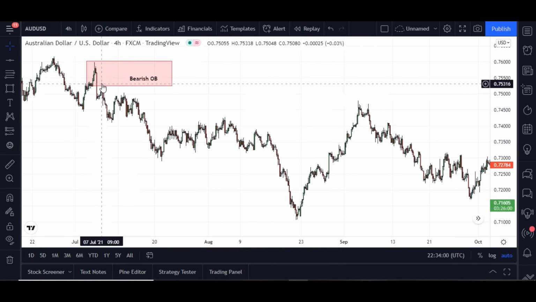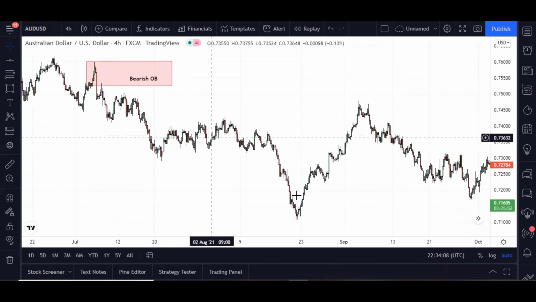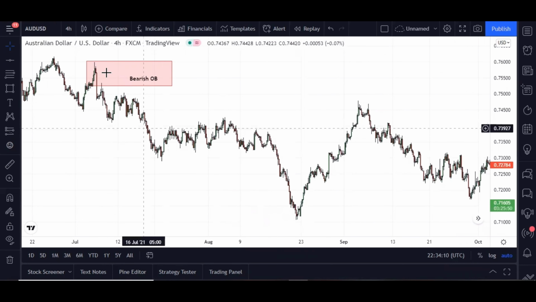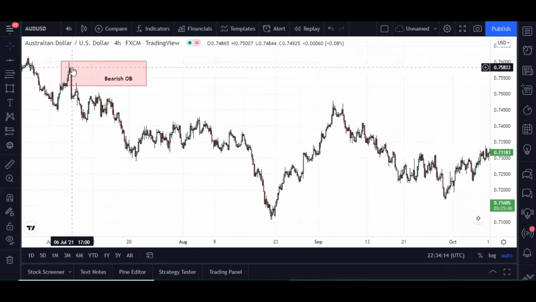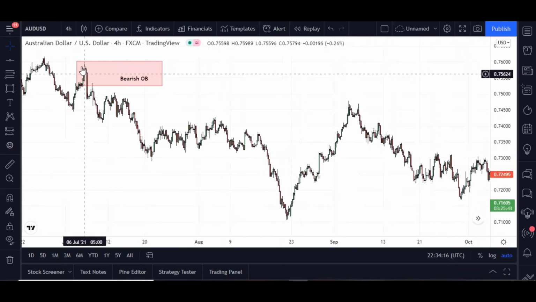They did retrace back up into this order block here, reaccumulate some sell positions, and they continue to reprice downwards. So what happened up here is that the institutions, the banks, they sold up here. But before they sold, they bought.